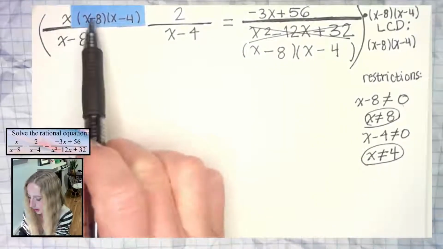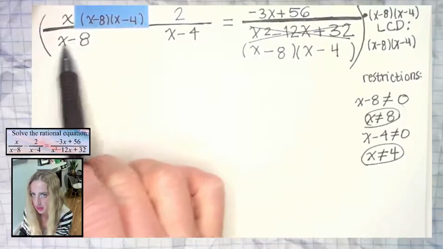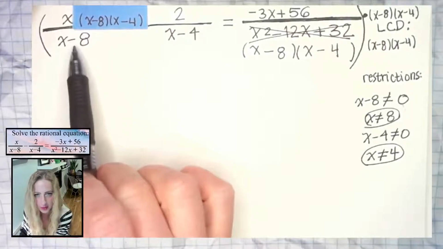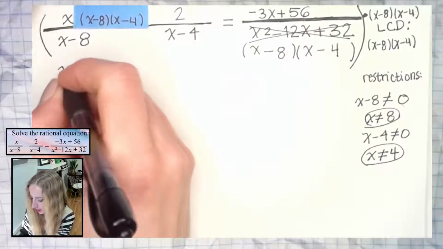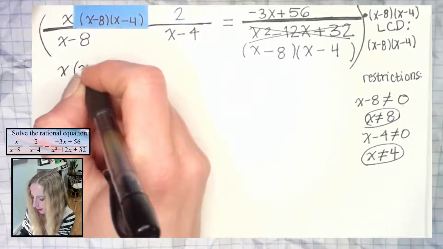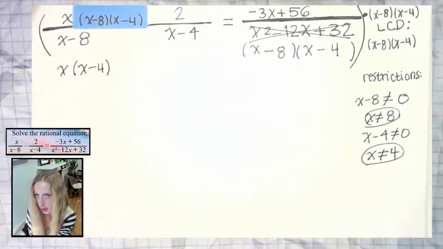Well, x minus 8 and x minus 8. So what will be left behind for you to be working with? Well, you'll have the x in the numerator and you'll have x minus 4.